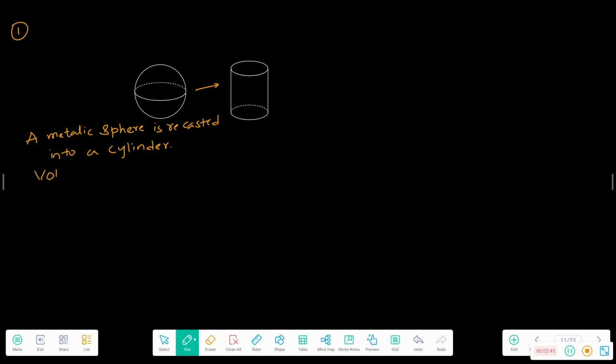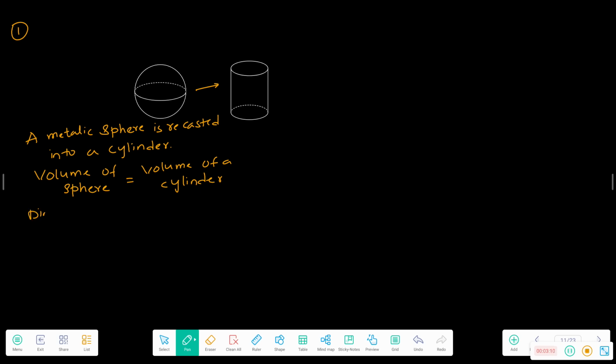So what we understand? The volume does not change. Volume of a sphere is equal to volume of a cylinder. Actually, what are the dimensions of the sphere they have given? Let us see the dimensions.